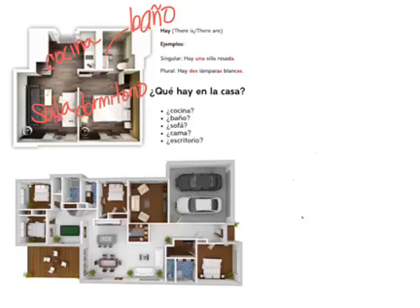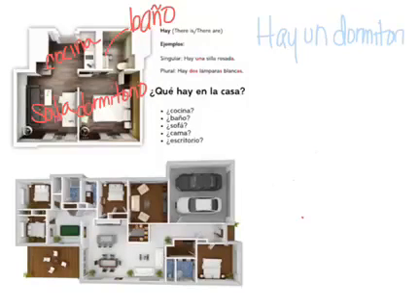Okay, so for the plural version, we can look at the house below, which is obviously much bigger, has a lot more things. So we kind of have 2 extremes here. So let's start with bedrooms, because that's typically what people will have more than one of. In our first example, we said, hay un dormitorio.